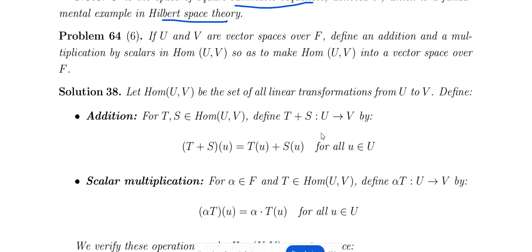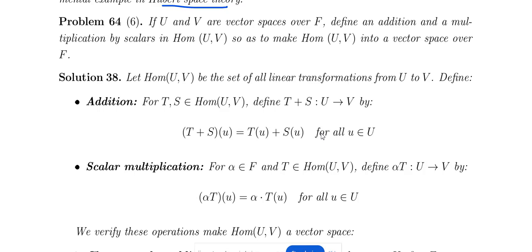And U comma V, both are vector spaces over F. Define an addition and scalar multiplication on Hom(U, V) so as to make Hom(U, V) into a vector space over F. So U and V are vector spaces over F, and Hom(U, V) is also a vector space.